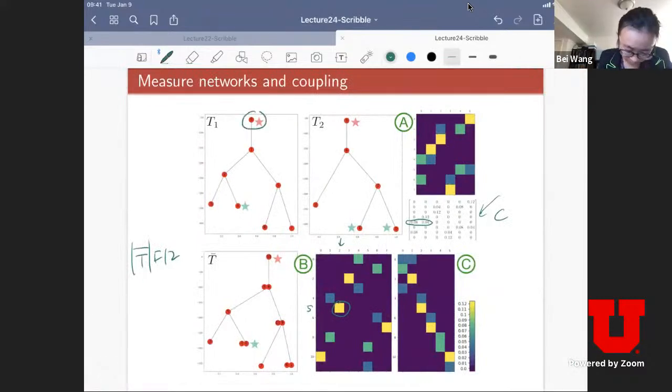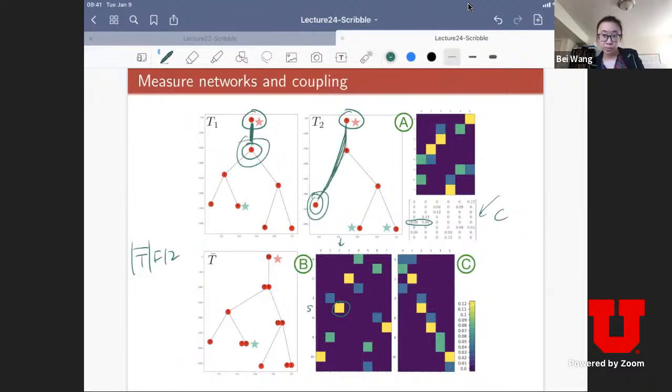If I say node 0 is mapped to node 5, and node 1, by some coupling not shown here, is mapped to node 3, then it's possible that the weight difference between the green edge and the edge between these two nodes is going to be large. So this is not an optimal coupling, because I'm going to introduce a large distortion.